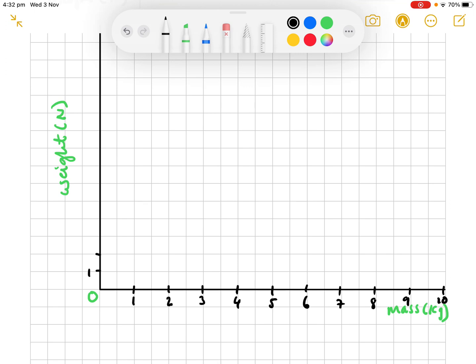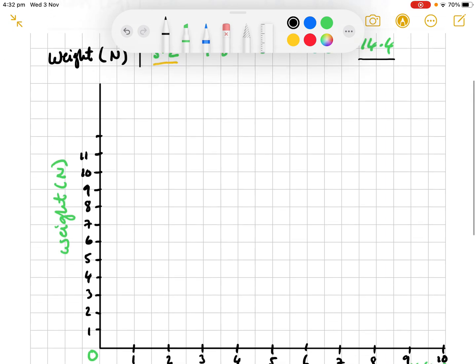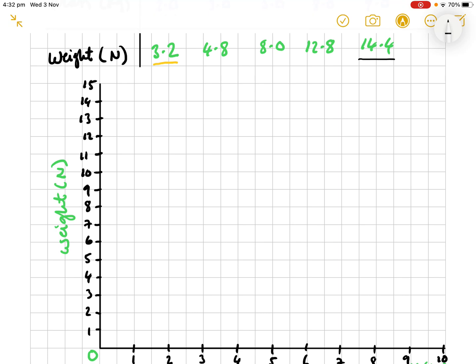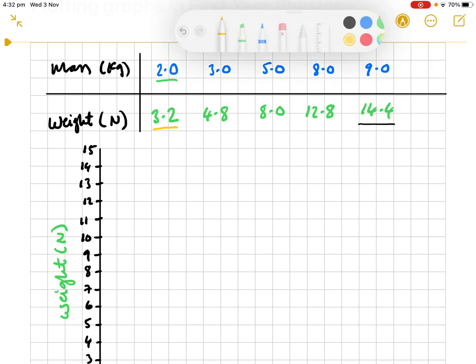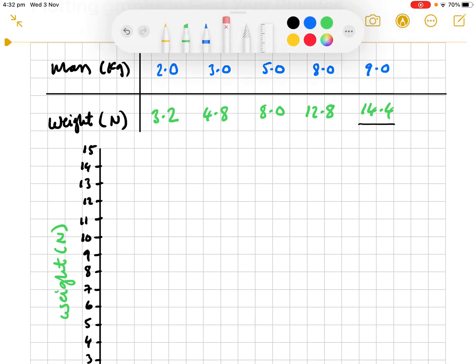So basically 1 square per newton, so 2, 3, 4, 5, 6, 7, 8, 9, 10, 11, 12, 13, 14, 15. So that's my y-axis scale in place. Right, now we're going to start plotting. So let me rub those out. Don't need those now.